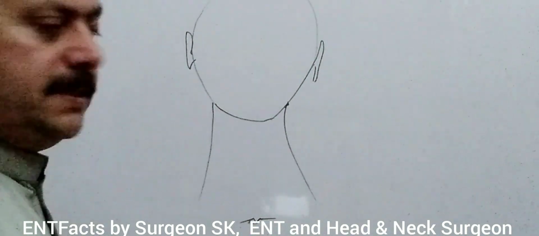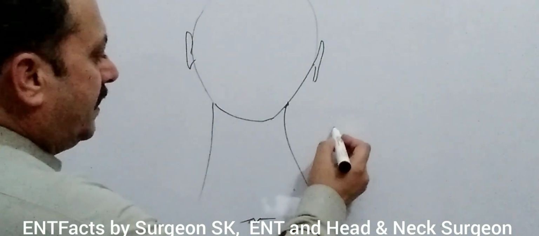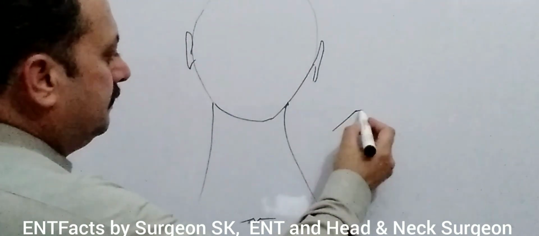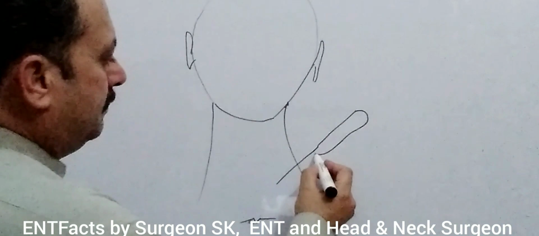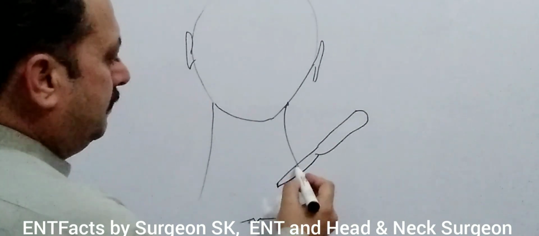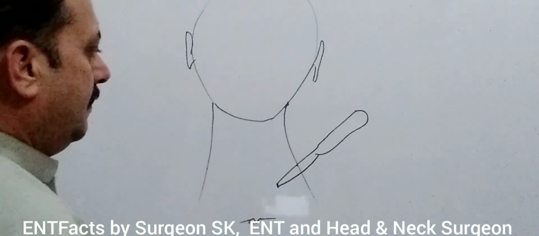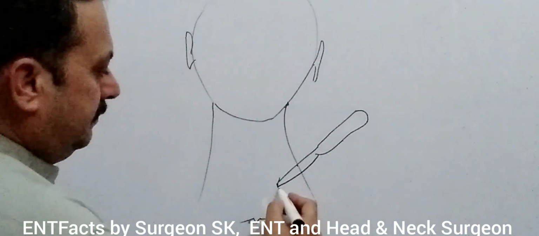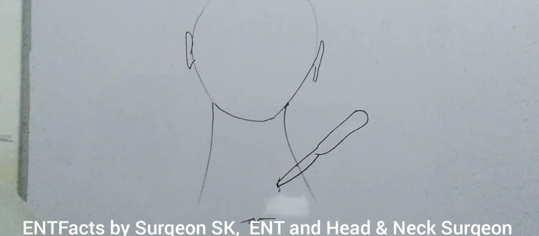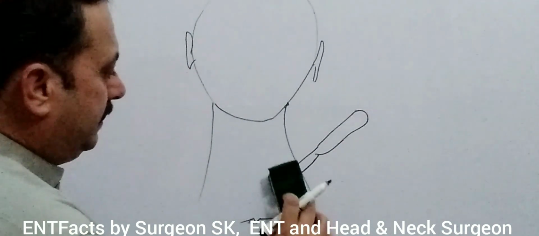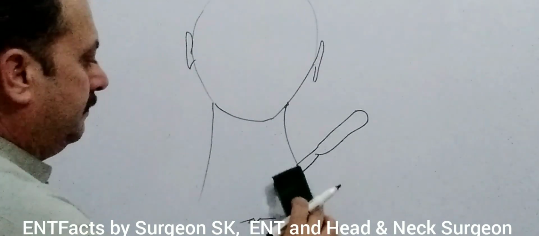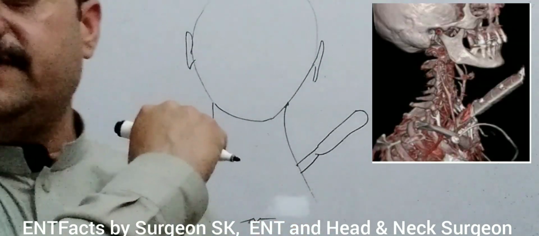For example, there is a stab wound with a knife here. This is a stab wound. Let me penetrate this like this. It's a wound from the side of the neck.